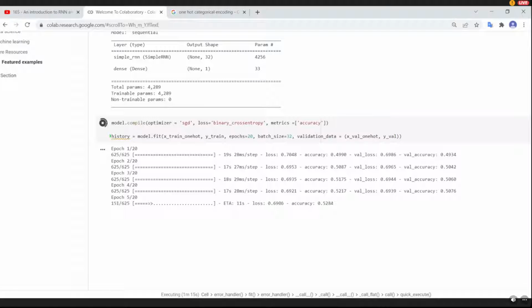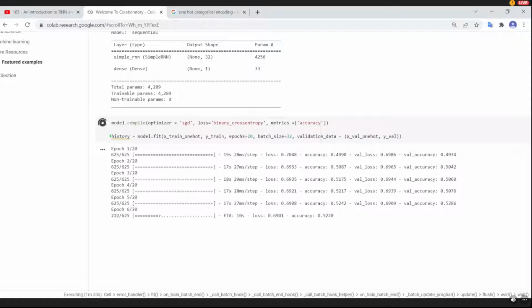You might be wondering what SGD is. I have mentioned binary cross entropy and accuracy. SGD is stochastic gradient descent. If you remember from calculus, gradient descent allows us to go to the global minimum of the loss function.